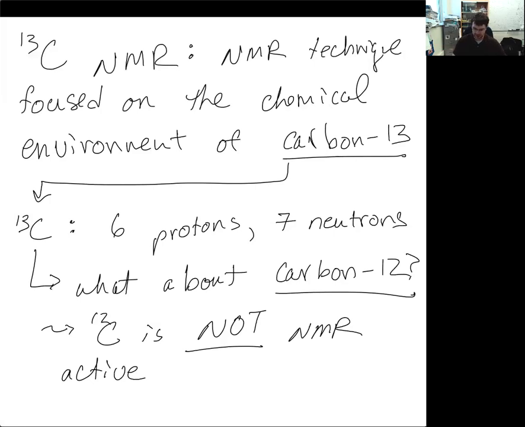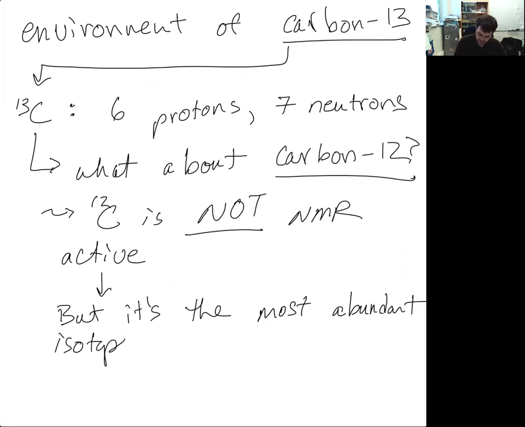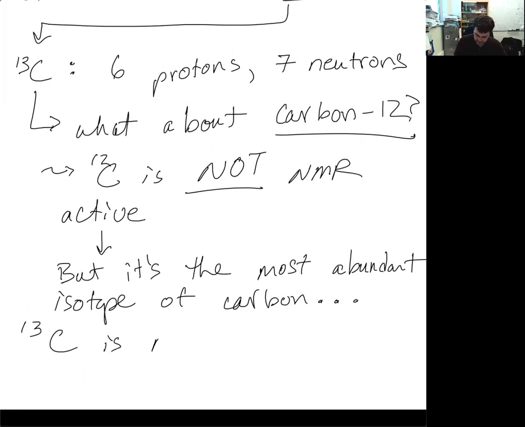That's kind of a problem because carbon 12 is not NMR active, but it's the most abundant isotope of carbon, and that means that the experiment we can run, carbon 13, is not highly sensitive.